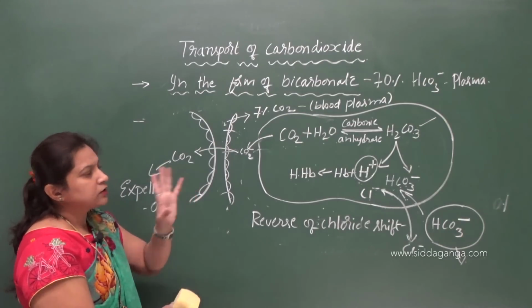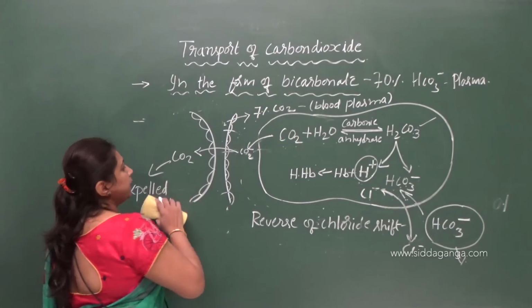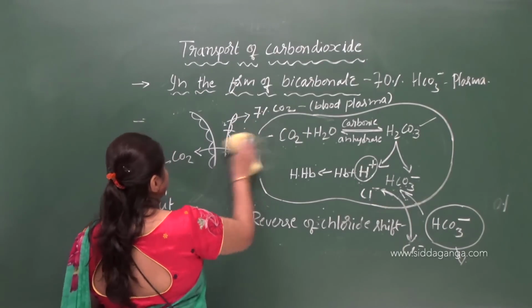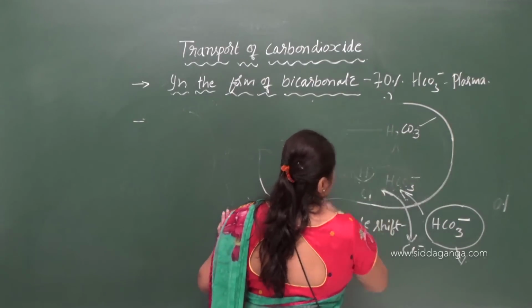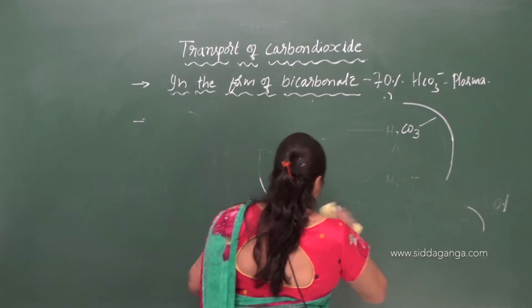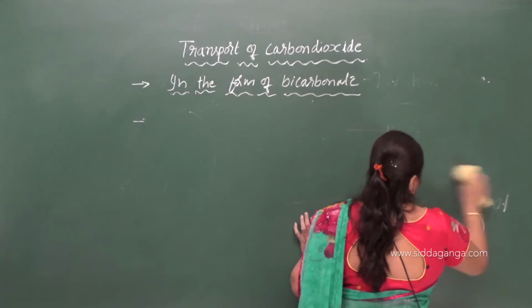And so this is how much? 70%. Then the remaining carbon dioxide is transported in the form of carbaminohemoglobin.